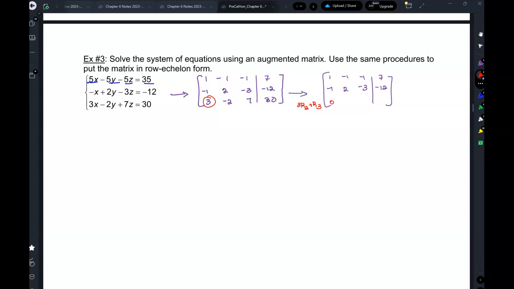Now look, again, if you're going to get confused, write it down on your scratch paper. So 3 row 2 plus row 3. You see that? I write it down. So -6 plus 2, -4. Okay, hang on, one at a time. If I'm changing row 3, I'm changing row 3. It doesn't matter what combination I'm doing. That's what I'm changing.